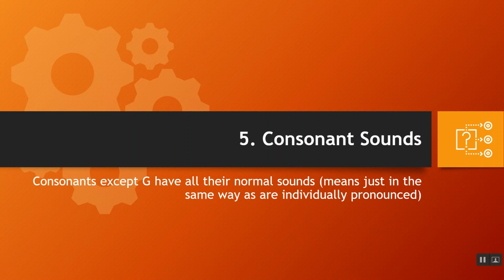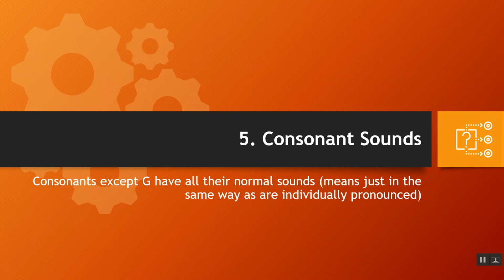Now consonant sounds. Consonants except G have all their normal sounds, which means they are pronounced just as they are individually pronounced. B has its pronunciation B, C, D. Whenever you use B, C, D in words, these sounds come.